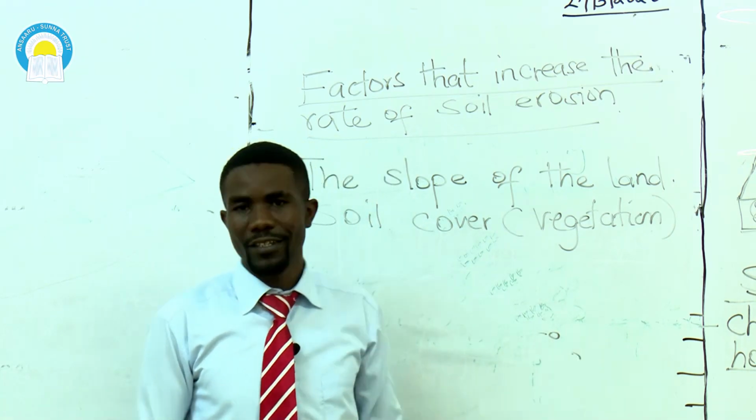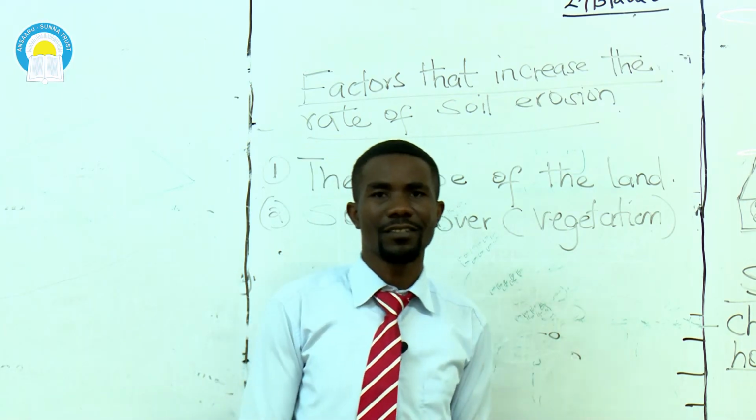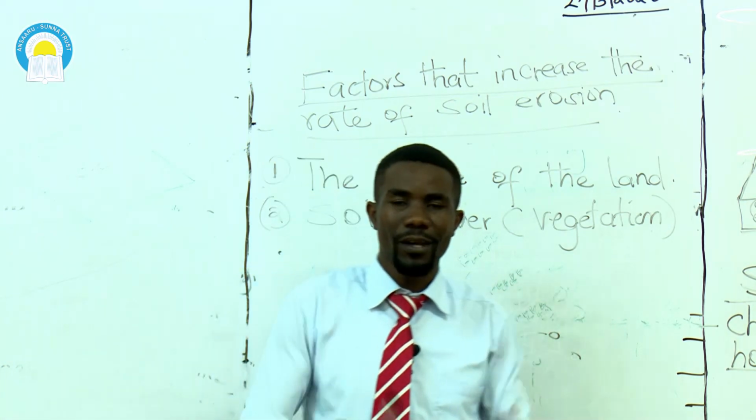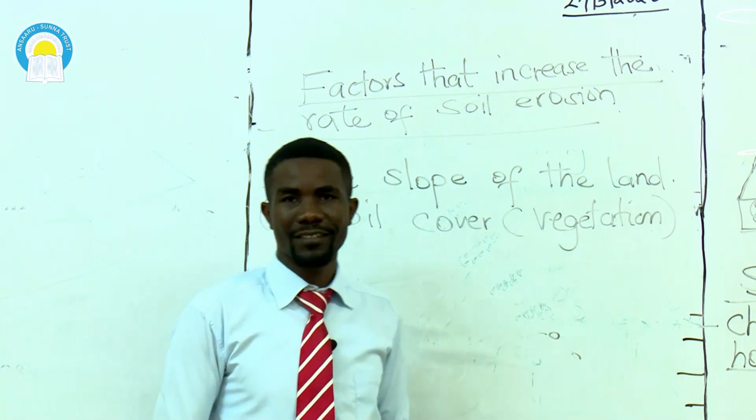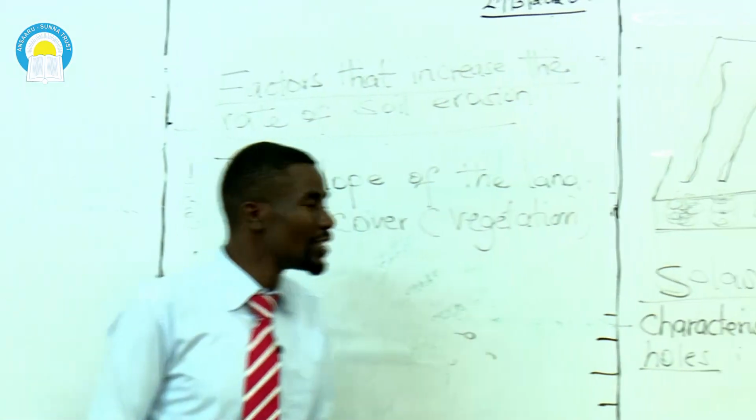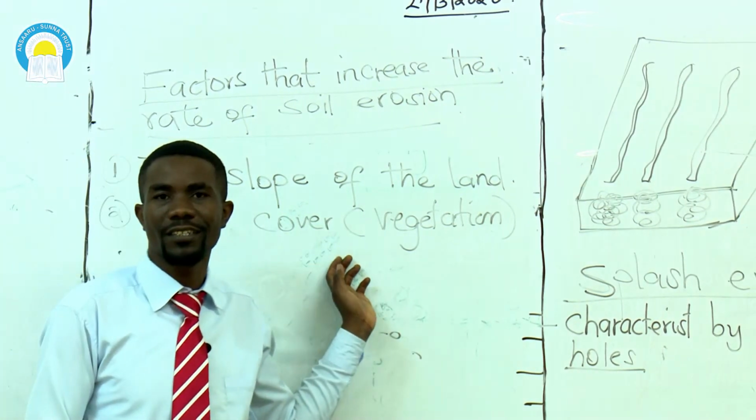If you compare the two places, the desert and the forest, where is this rate of soil erosion high? You will realize that it's in the desert because there is no soil cover on the desert.